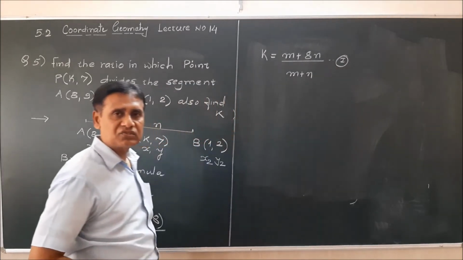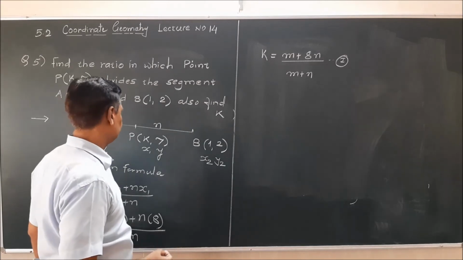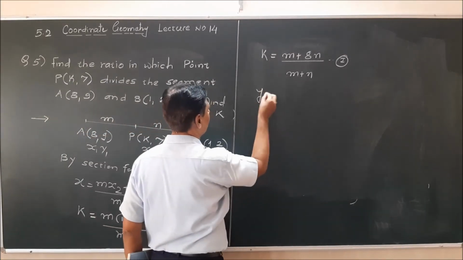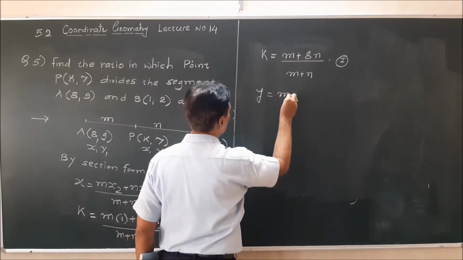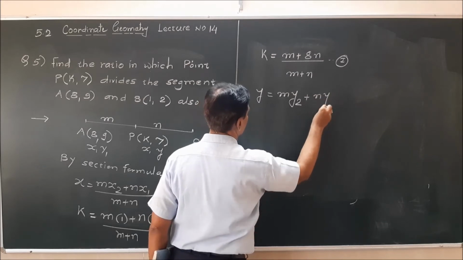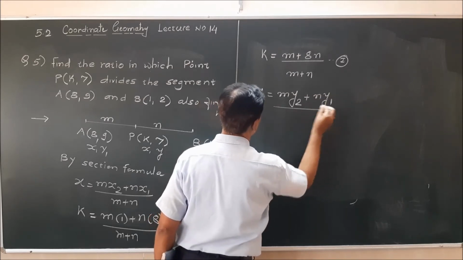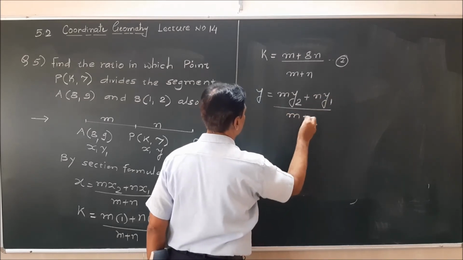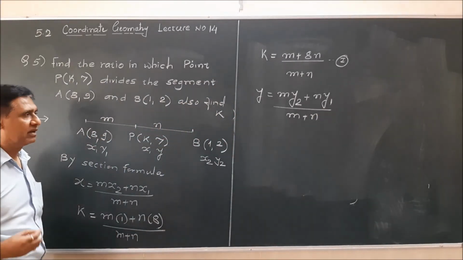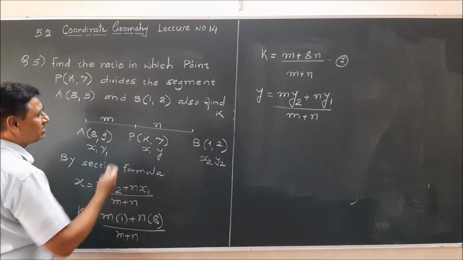Now, y is equal to, I'll get the values of m and n here. y is equal to my2 plus ny1 upon m plus n. Value of y is 7.